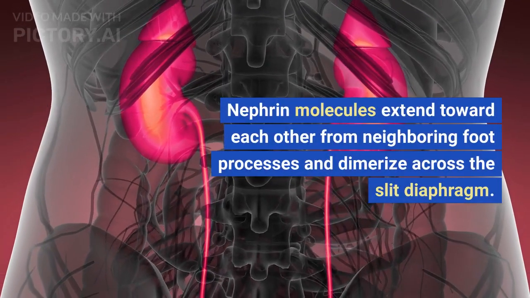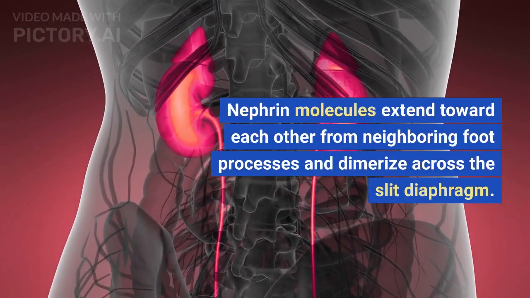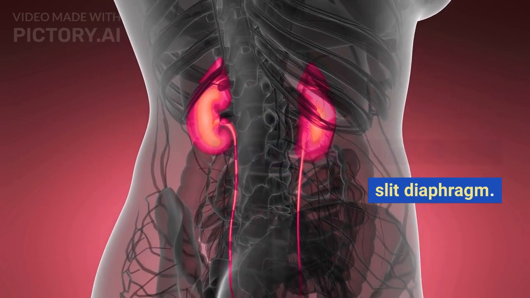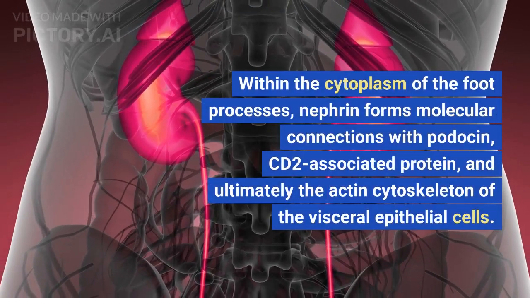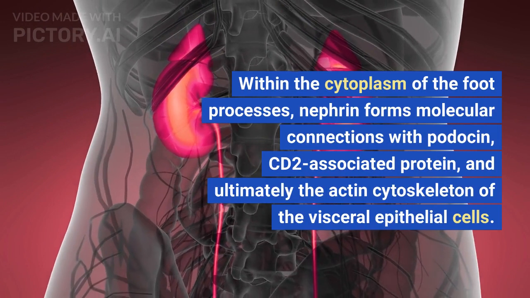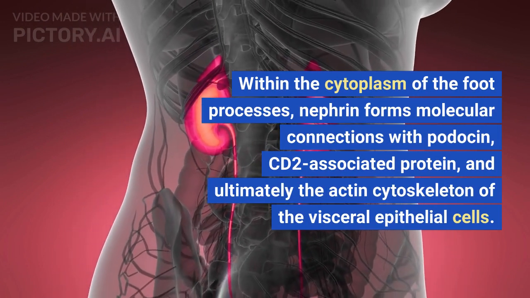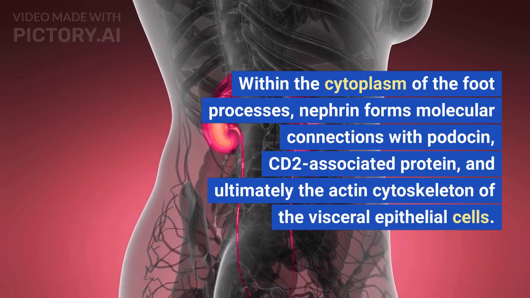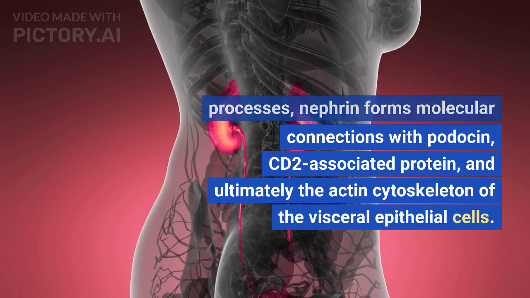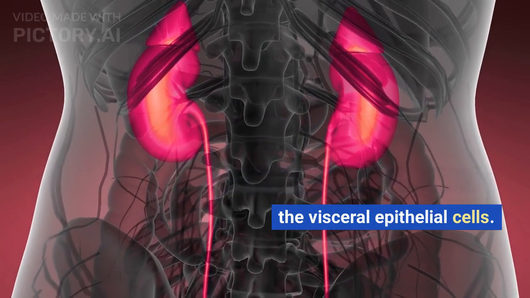Nephrin molecules extend toward each other from neighboring foot processes and dimerize across the slit diaphragm. Within the cytoplasm of the foot processes, nephrin forms molecular connections with podocin, CD2-associated protein, and ultimately the actin cytoskeleton of the visceral epithelial cells.